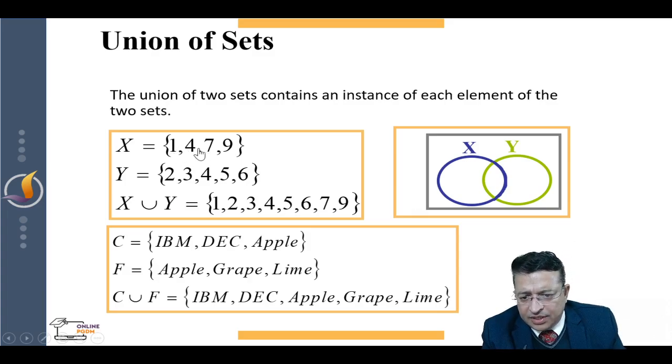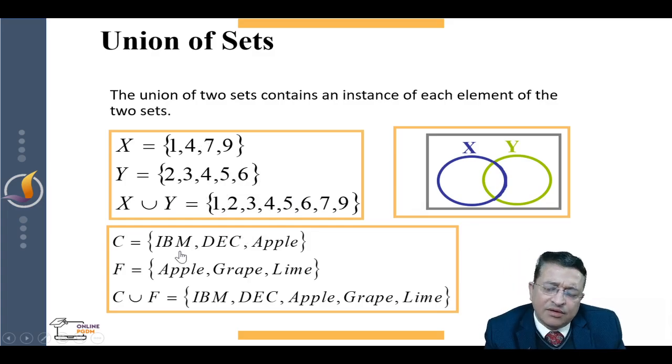So here we can see 1, 2, 3, 4, 5, 6, 7, 9. Although 4 appears in both sets, we have mentioned it just once. So union is joining all the elements without repetition.